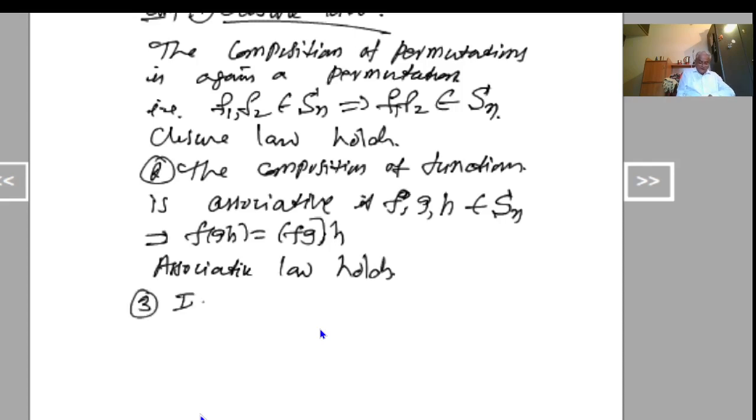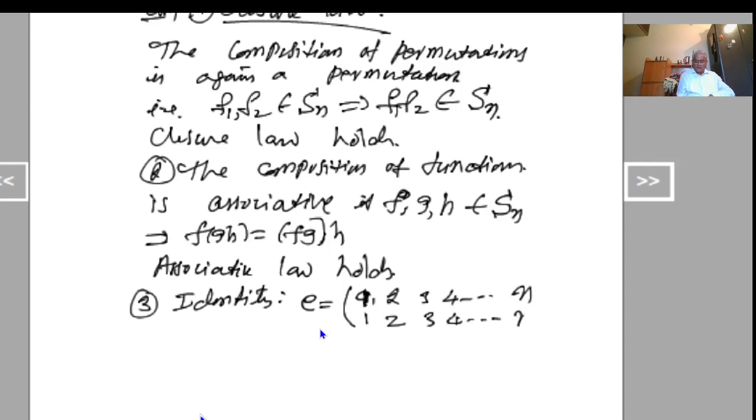Third one is identity. So here E is equal to 1, 2, 3, 4 up to n in the first row, and 1, 2, 3, 4 up to n in the second row.